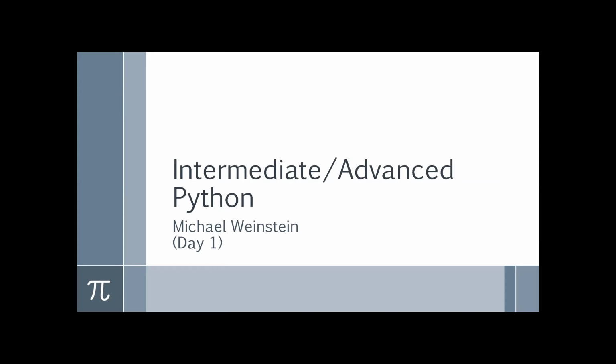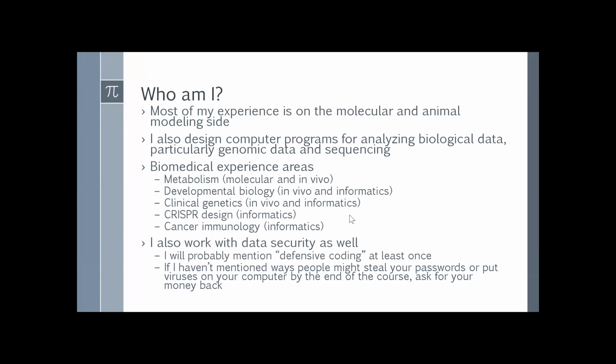All right, so while everyone is putting in their information, I'll just give mine really quickly. Most of my experience is actually on the molecular and animal modeling side. I have about 5 years in the programming and informatics area, which was also shared with the molecular side. Before that, for about 15 years, I was purely bench science, doing a lot of mouse modeling. That said, I got into programming pretty hard, and I find that my background at the bench gives me a much better understanding of what I'm doing.